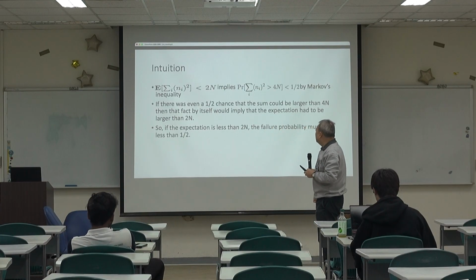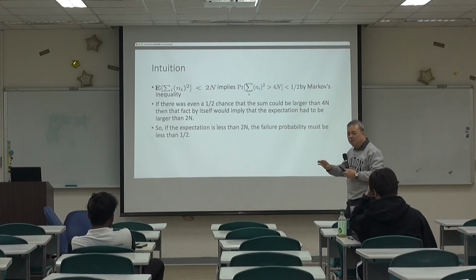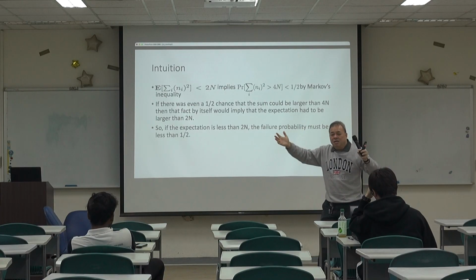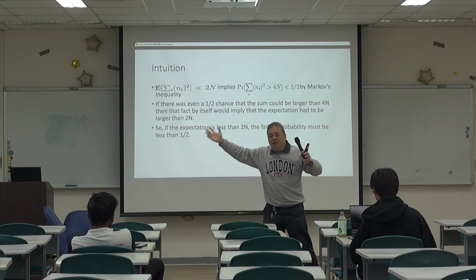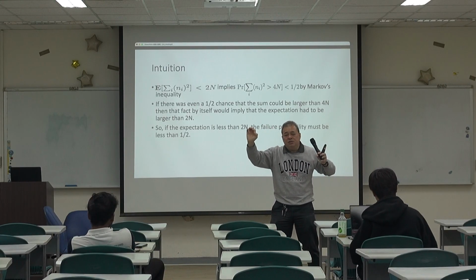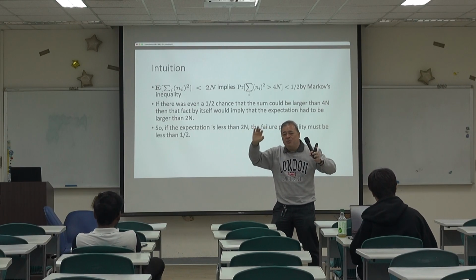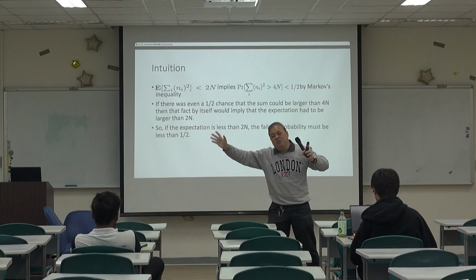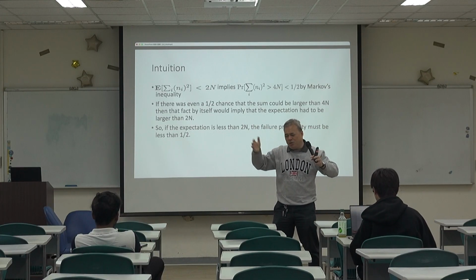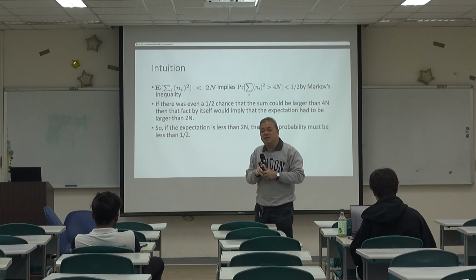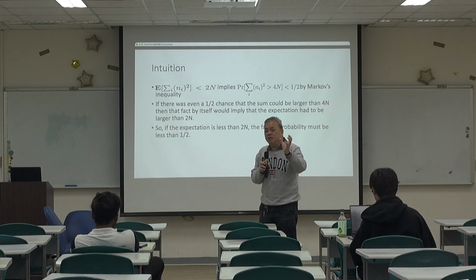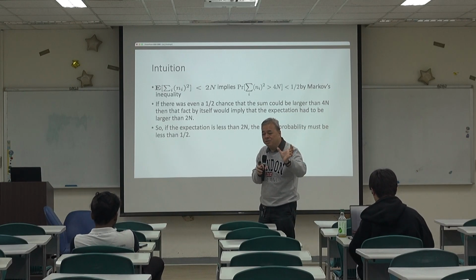Okay? Because if half of that is greater than 4, and the other half, even when they are 0, the other half, I mean, because we know the expectation is the probability times the value, right? The sum of probability times value, right?